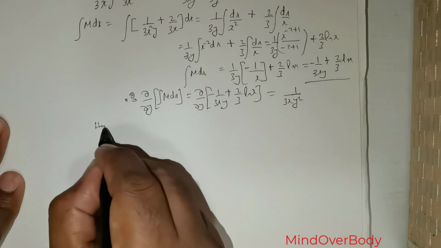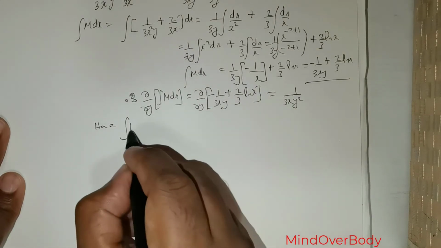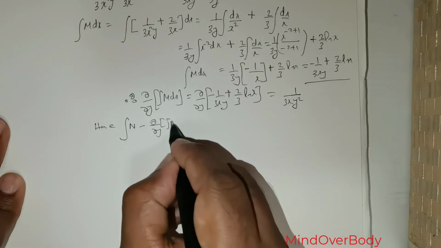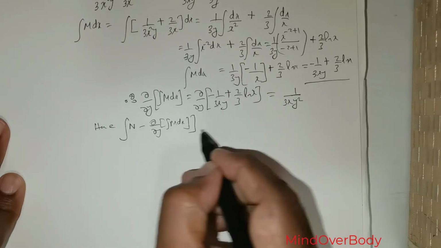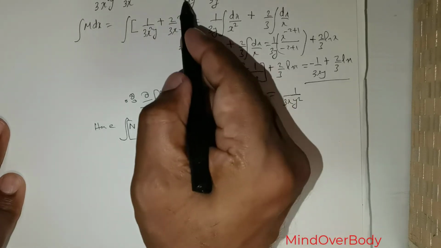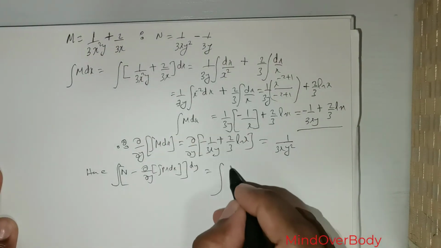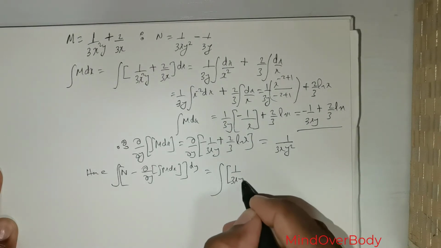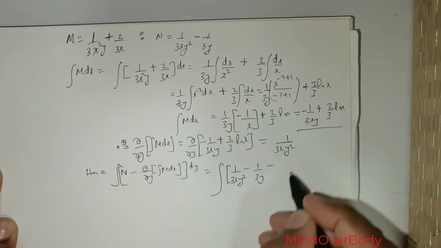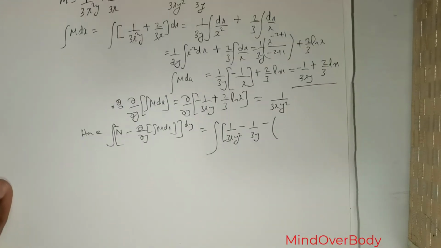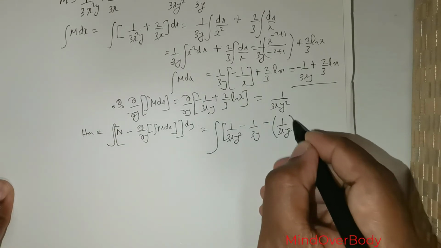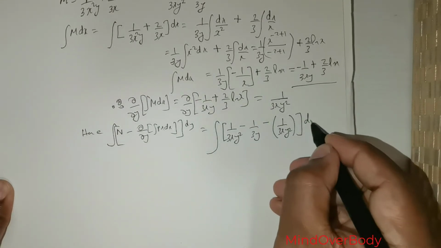So hence we need to obtain integral n negative of dou over dou y of integral m dx times dy, which is equal to integral, my n is this, so I substitute 1 over 3 times x y squared, negative 1 over 3 times y, followed by a negative sign, and then this quantity 1 over 3 times x y squared, and then multiply with dy.